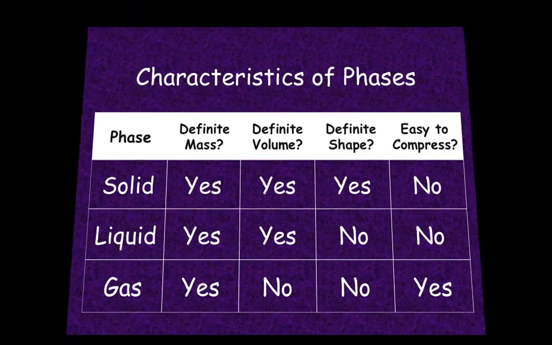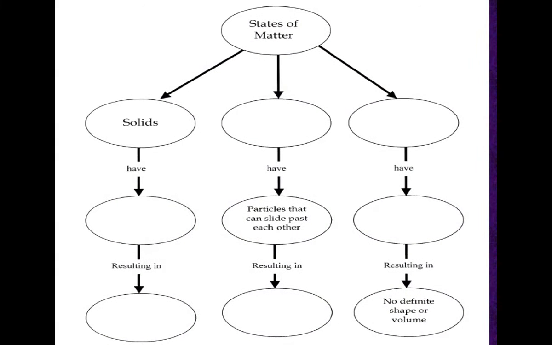Now, the other thing I want to go through is this graphic organizer that you've been given. Okay? So, we've got our different states of matter, and if you look at this one, the solids have particles that are tightly packed.